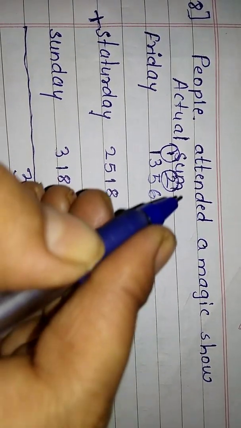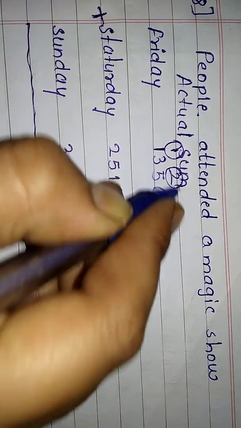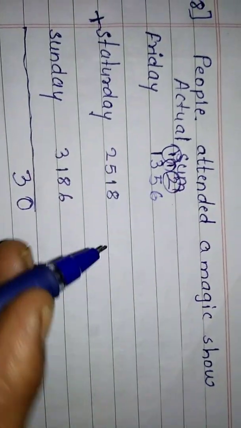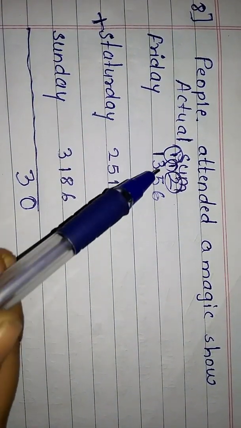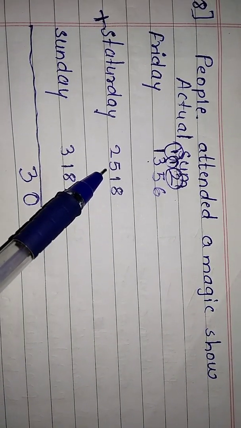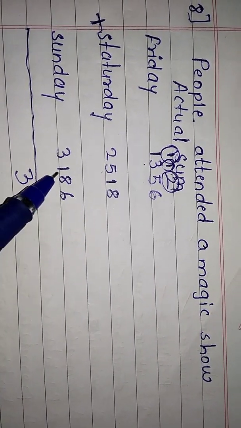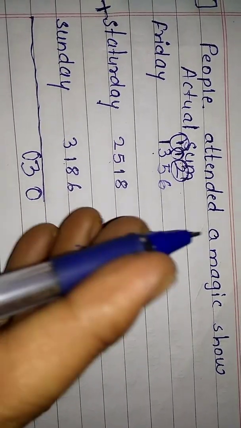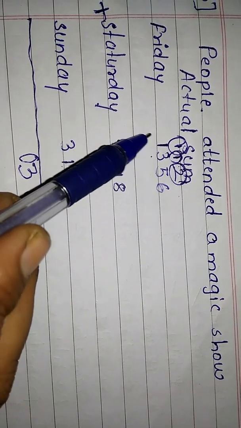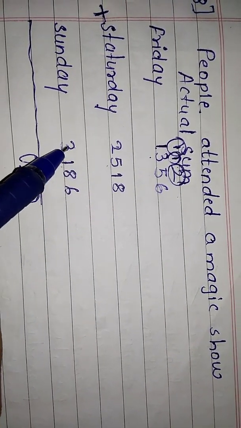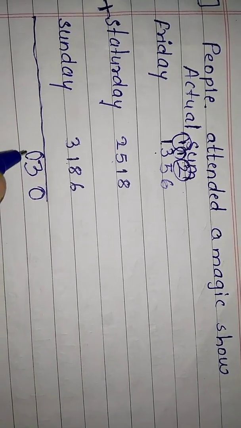Carry will go here, children. 3, 4, 4 plus 5 is 9, 10. Here 0, 1 will go carry here. 1 plus 1 is 2, 3, 4, 5, 6, 7.